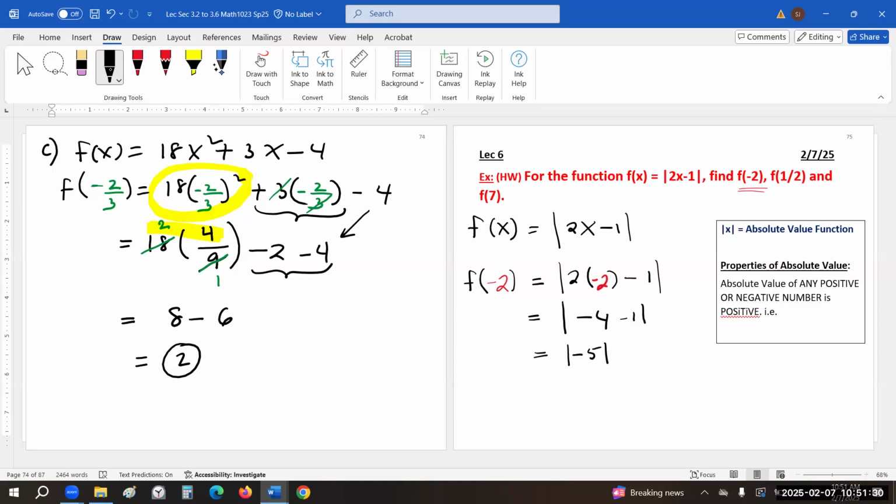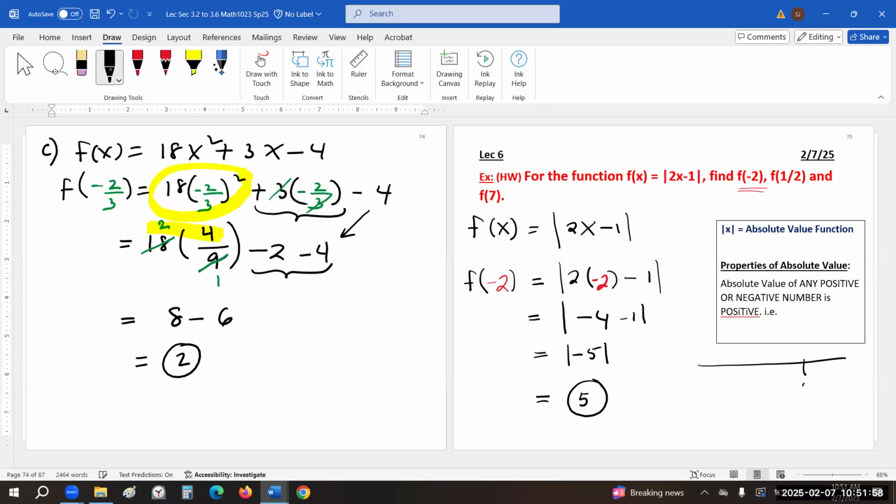Now you cannot leave your answer like this because you always have to pull out your absolute value. So when you pull out your absolute value, the negative 5 actually turns into a positive 5. Okay? Why? Because absolute value means distance. So it's asking from 0 to negative 5, how much is the distance?